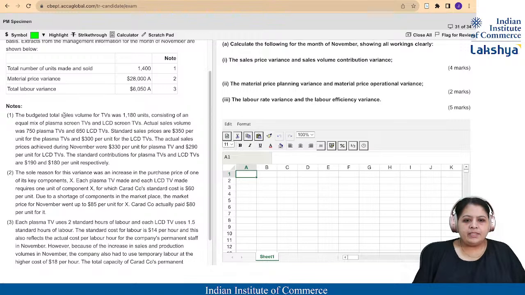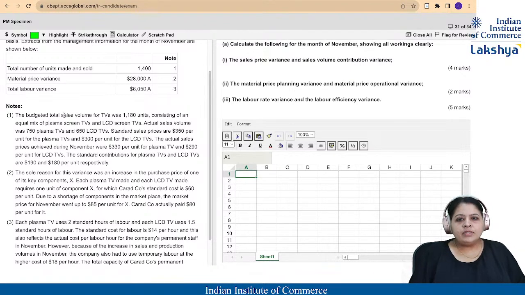Standard sales price is 350 per unit of plasma and 300 per unit of LCD. Actual sales price achieved during November was $330 per unit for plasma and $290 per unit for LCD. The standard contribution for plasma TVs and LCD TVs are 190 and 180 per unit respectively.